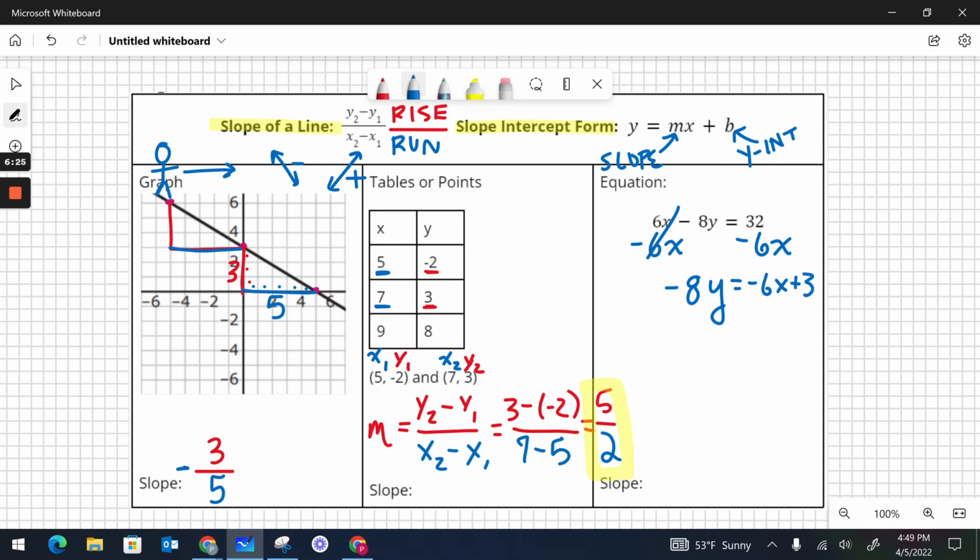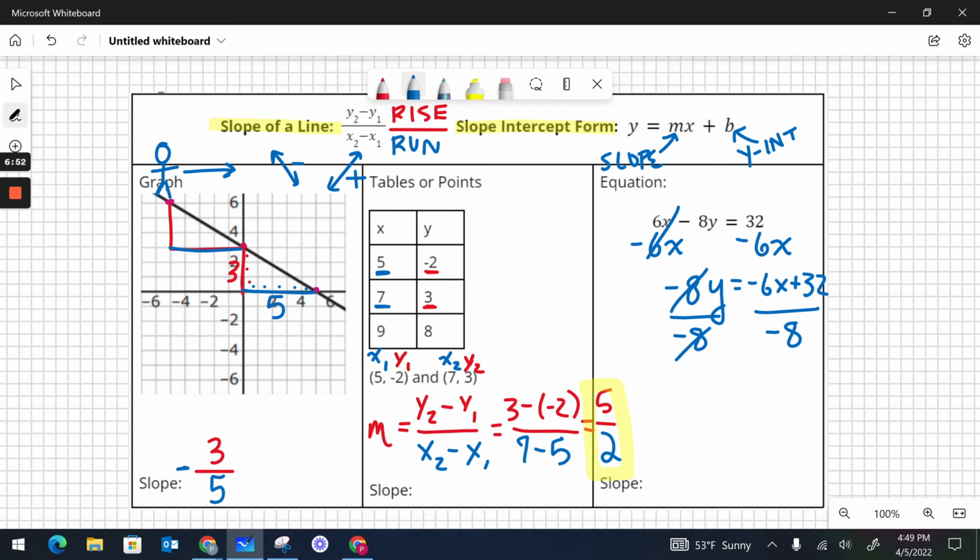I want to get y all by itself, but right now y is being multiplied with negative 8. So I'm going to undo multiplying by negative 8, which is dividing by negative 8. Keep it balanced, do the same thing to both sides. On the left, negative 8 divided by negative 8 is just 1, so those will cancel out.